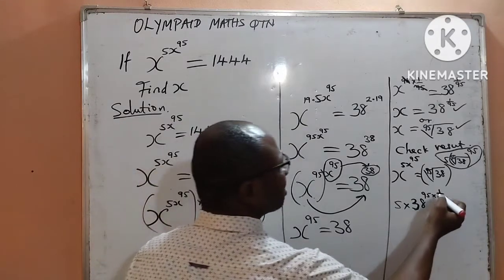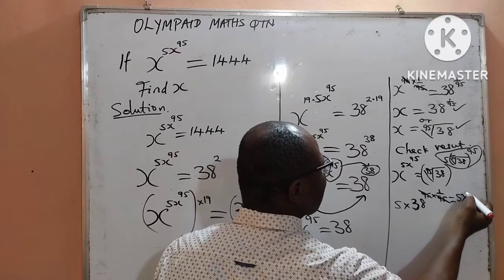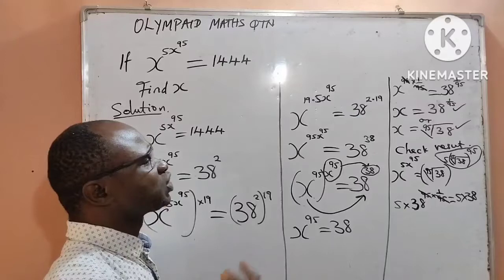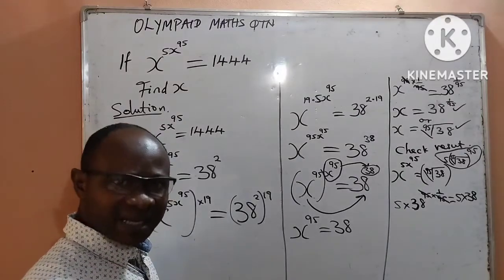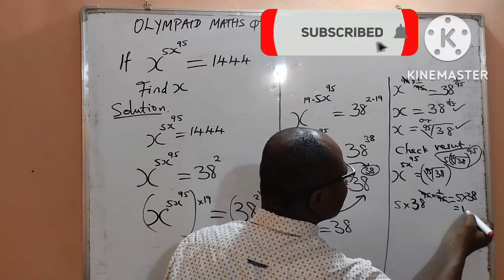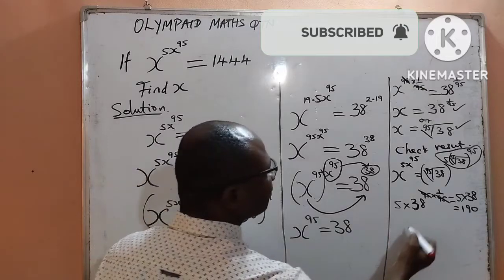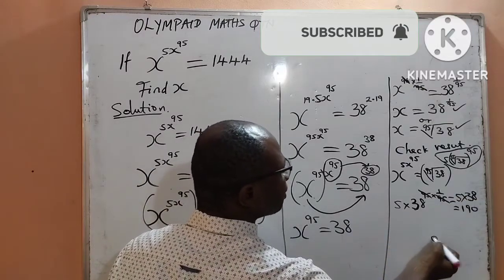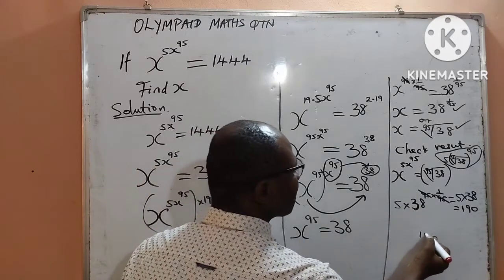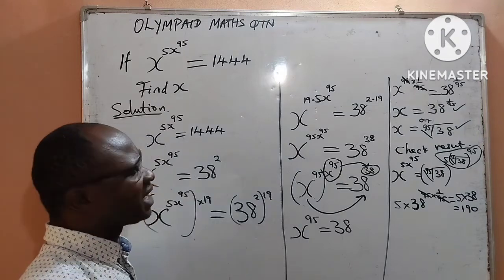You can now see that 95 can cancel 95 to give me 5 multiplied by 38 raised to power 1. And 38 raised to power 1 is the same as 38. So 5 times 38 will give me 190. That is 5 times 8 is 40, and 5 times 3 is 15 plus 4, that is 19. So 5 times 38 will give us 190.